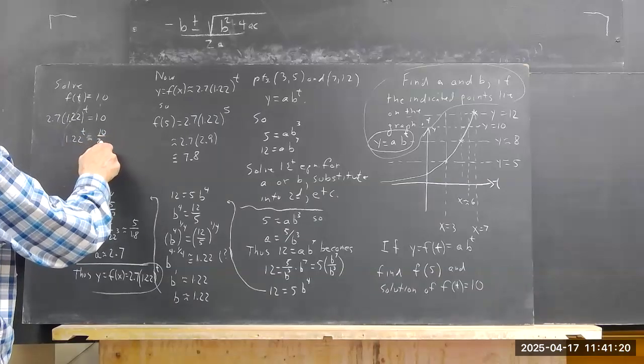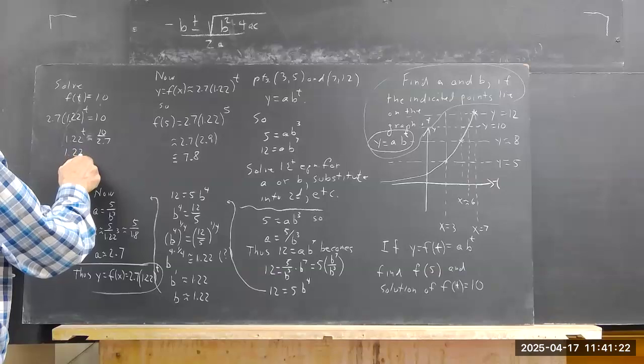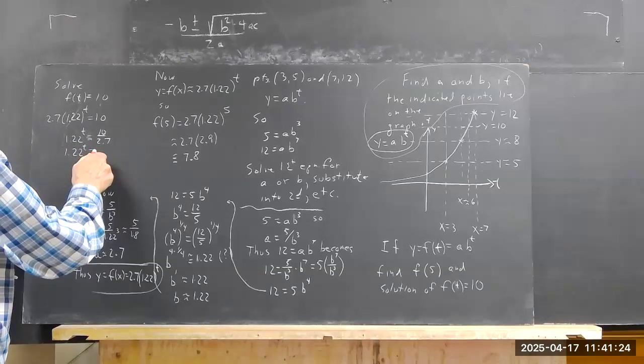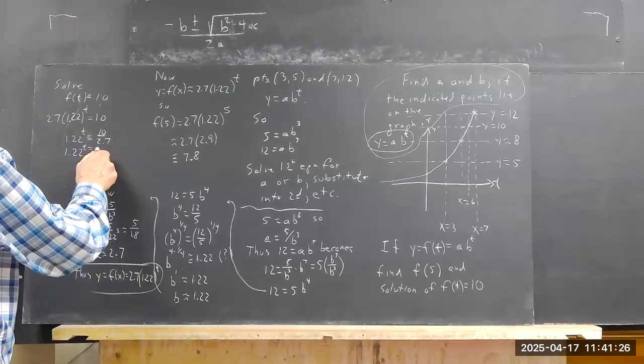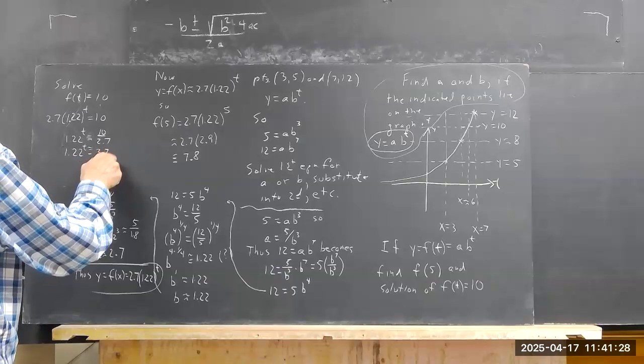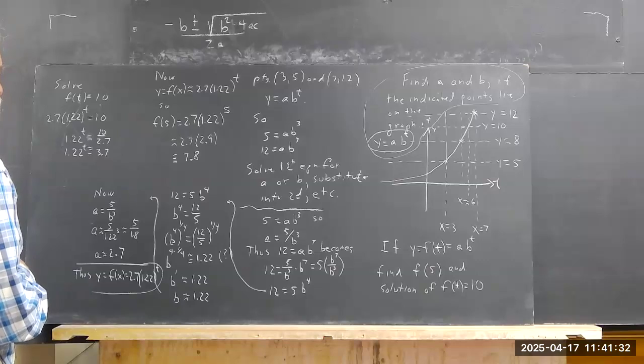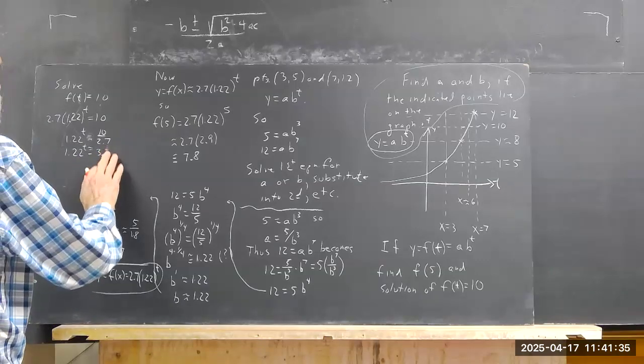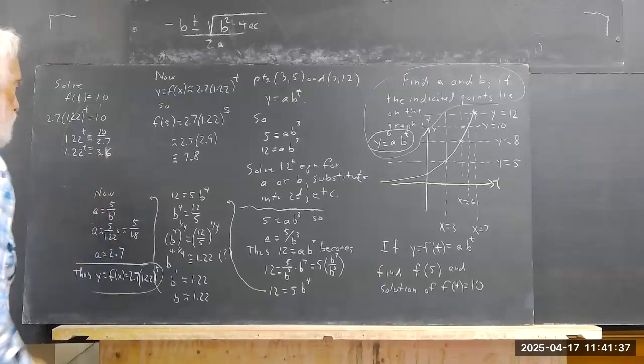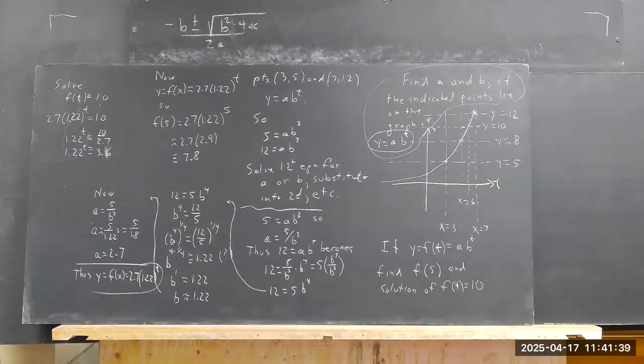I'll write it out. 10 over 2.7, 1.22 to the t equals approximately 3.6.